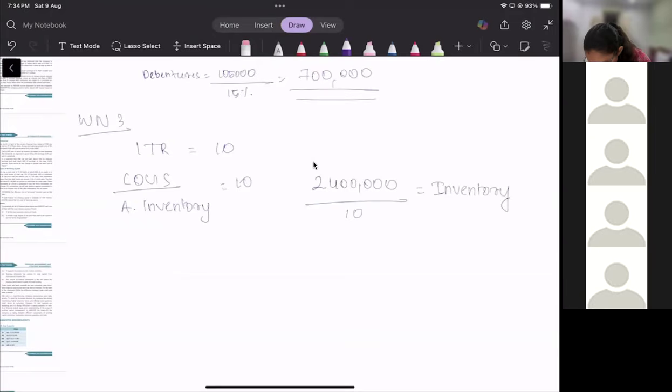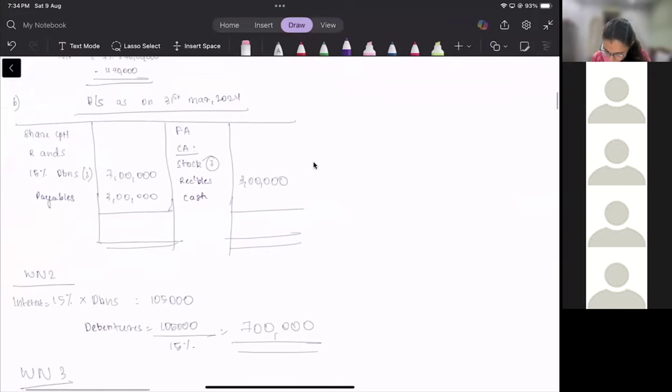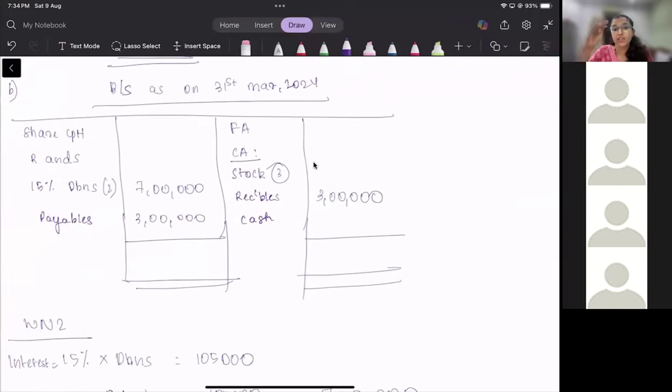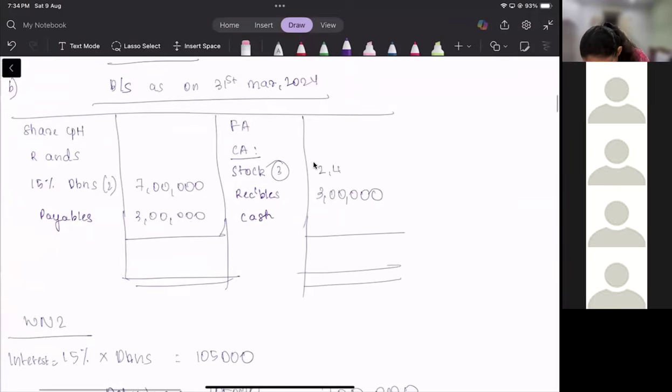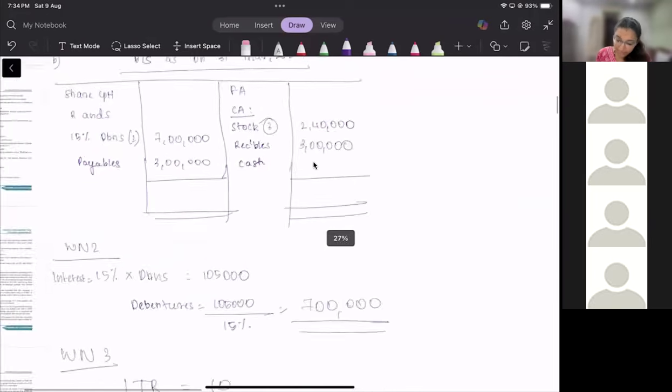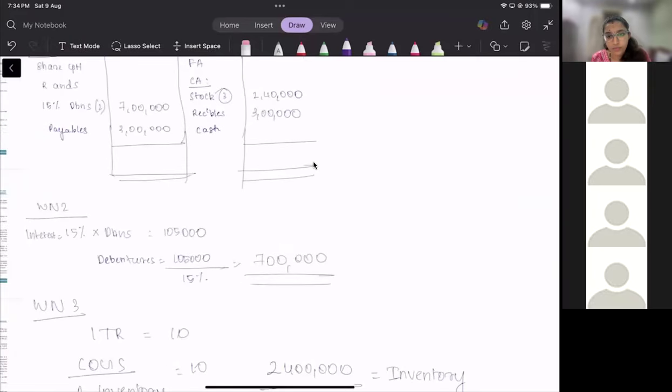So you will get it as 2,40,000. Correct. See, since there is no information about opening stock, we are assuming opening stock and closing stock is the same. So hence we are putting it as 2,40,000. And then next, what can we do?